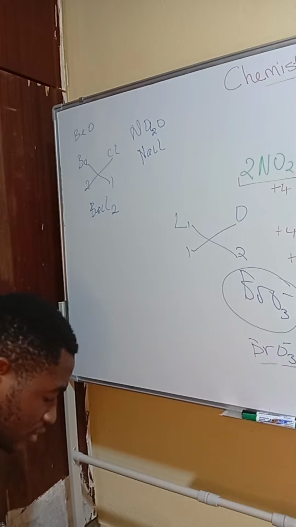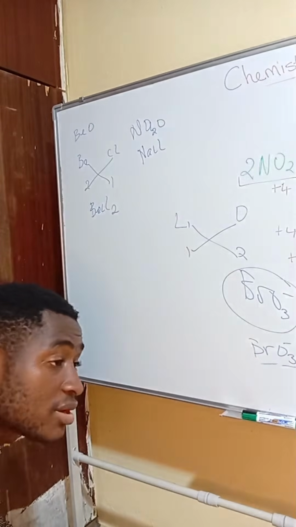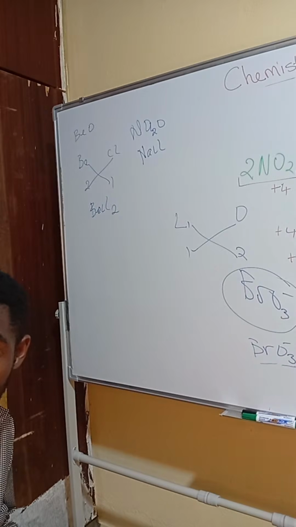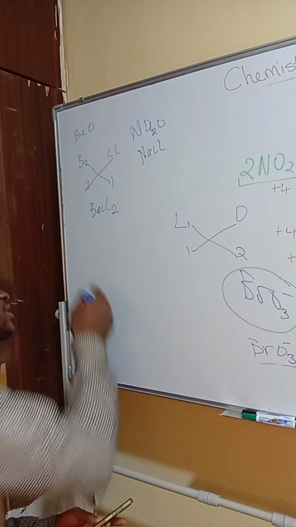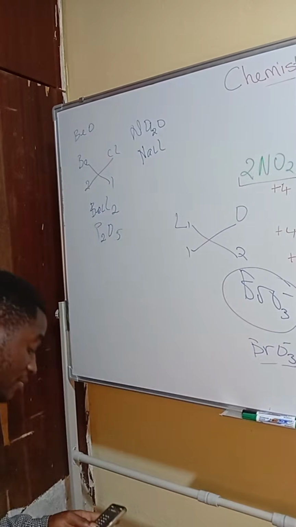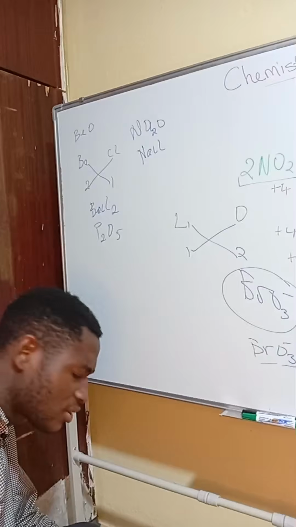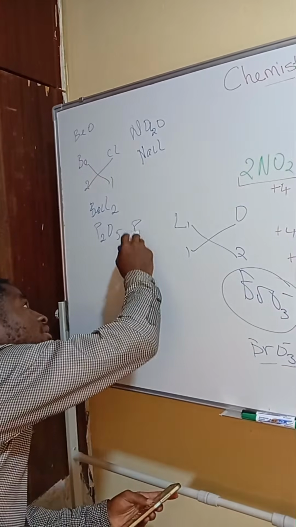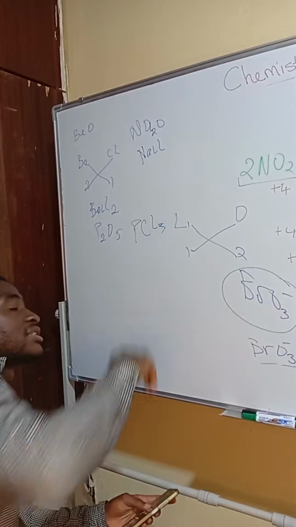Go to phosphorus. Phosphorus has 2 ways. The best one is what? People already know that one for 5, the one we used to say pentaoxide. That's phosphorus pentaoxide, P2O5. Never forget, master it. Chlorine: phosphorus pentachloride.